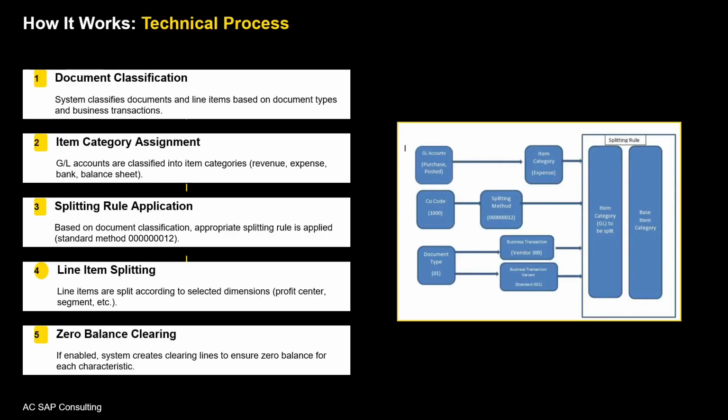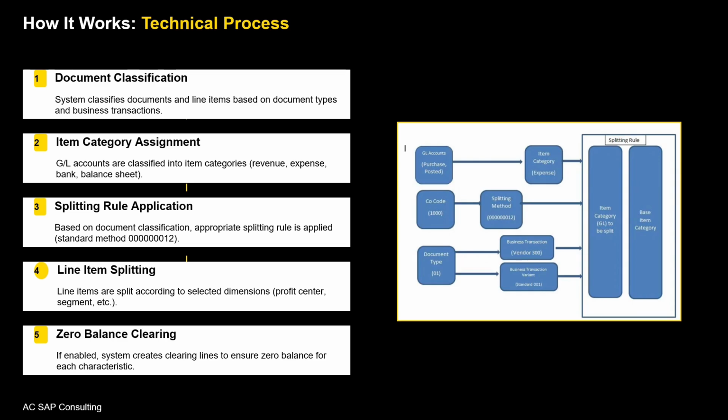So before we see that second aspect of document splitting, let us recap the basic configurations required for document splitting. The first one is to classify the document types, and the second one is the assignment of GL accounts to the item categories.